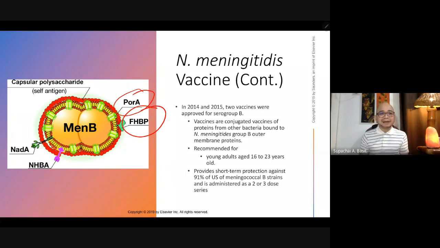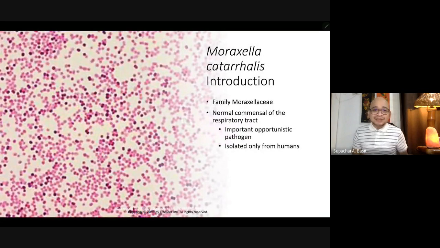But sa atin, meron na din kasi yung baby ko, it is also part of his routine immunization. Okay, so that ends Neisseria meningitidis. And for now, malapit na tayo matapos. So kapit lang kayo dyan, guys.